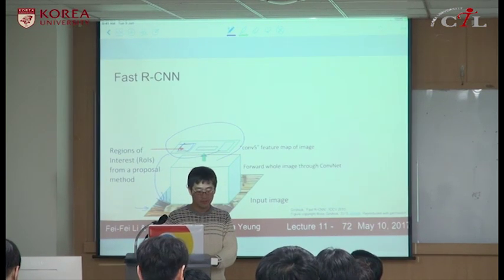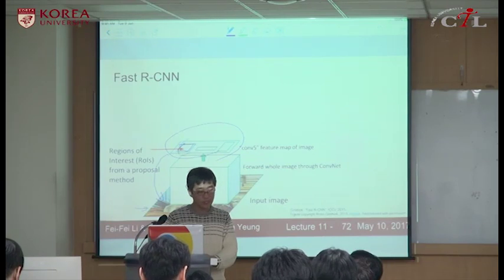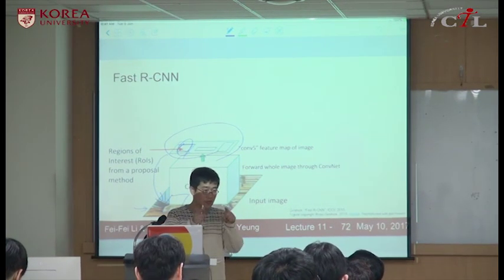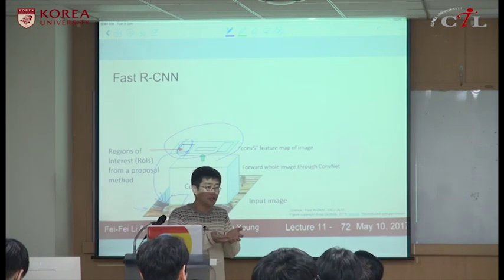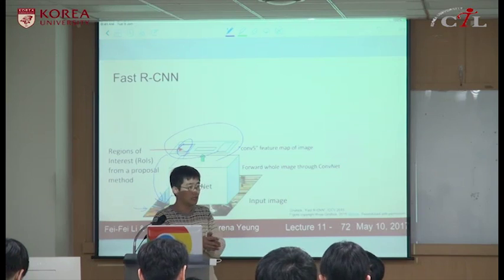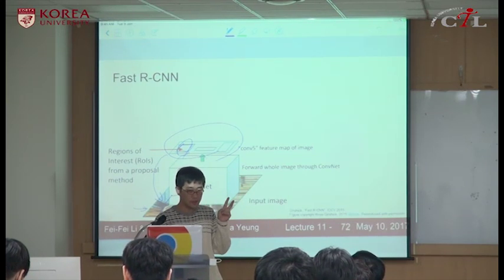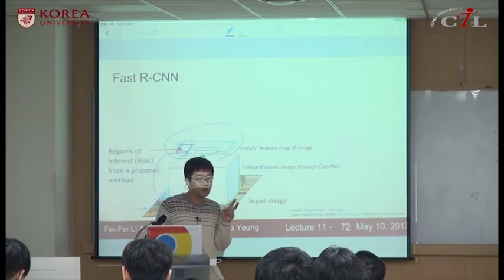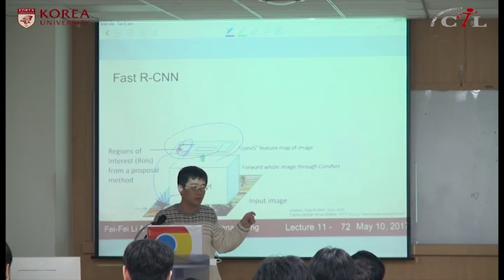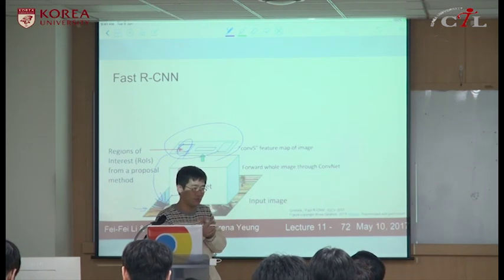But previously, we cropped each region and gave it as an input to our CNN. So for each of our 2,000 ROIs, we have to run the CNN to obtain the feature map for that particular ROI.